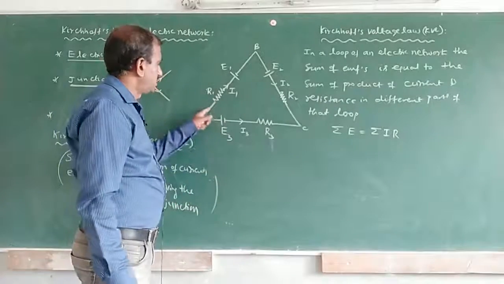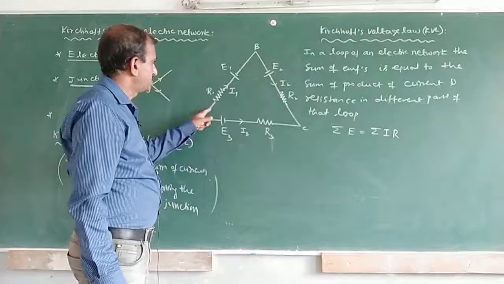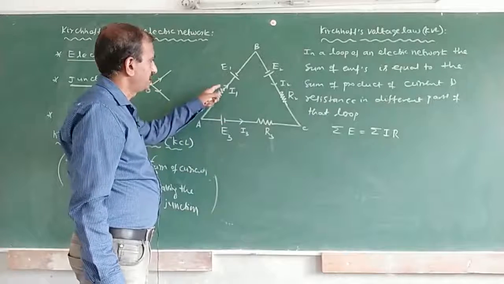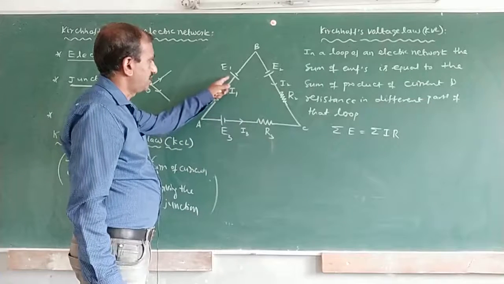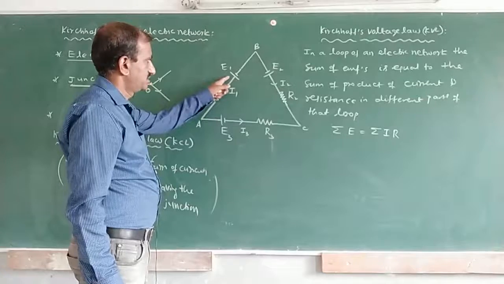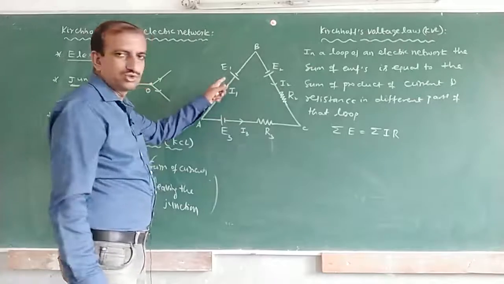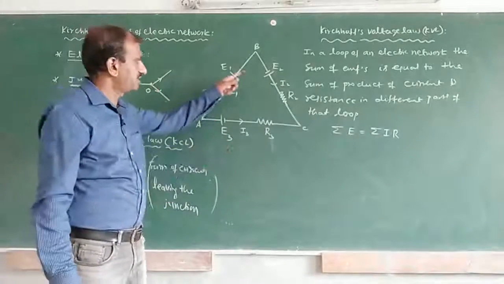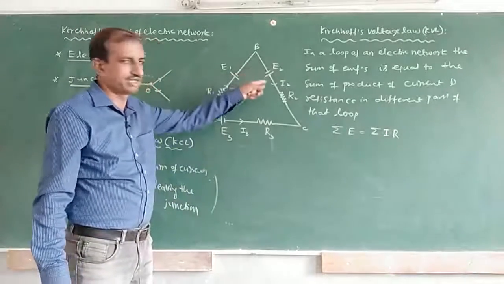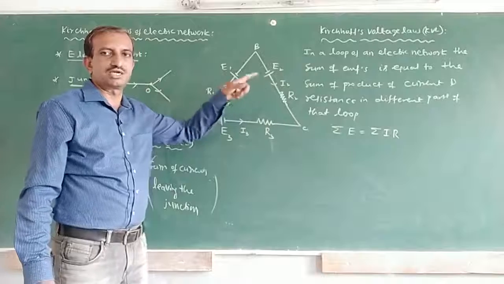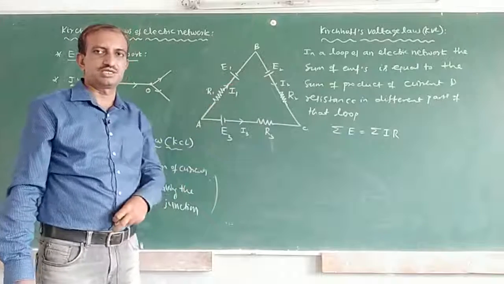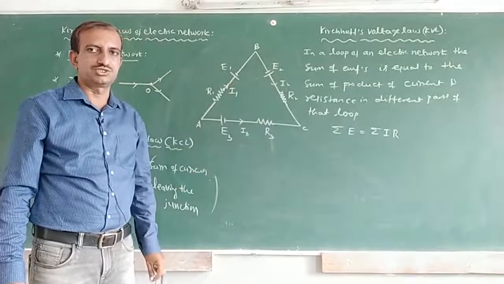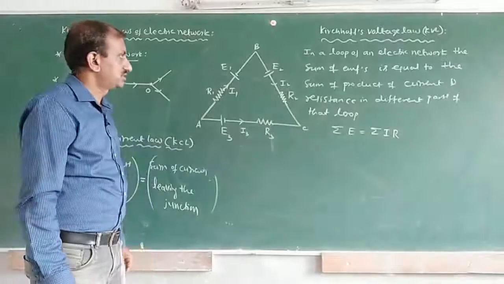And the next one: in the direction of traverse, if we meet the positive terminal of the cell first, then the EMF of that cell is taken to be positive. If we meet the negative terminal first, then that EMF is taken to be negative. These are the sign conventions used in the Kirchhoff voltage law.